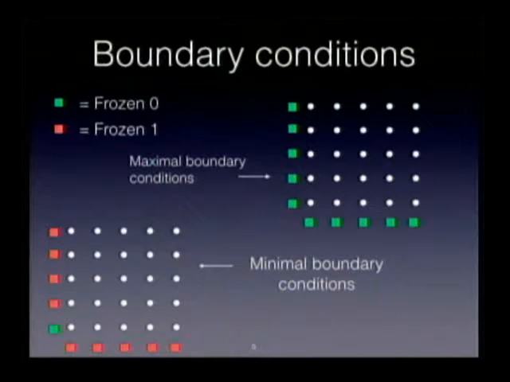So, boundary conditions. Throughout all the slides, the color green means 0, the color red is 1. The green are the good guys who sort of speed up the dynamics. Whenever I draw a square with a color, this means that on that site the value of the spin is frozen to either green, namely 0, or red, namely 1.